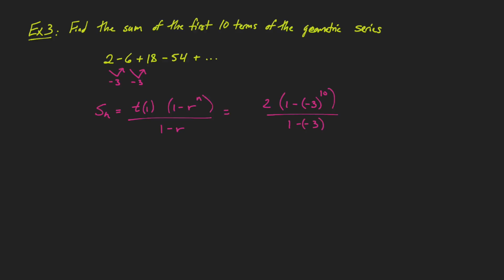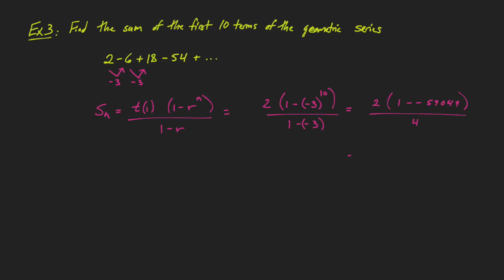And if we solve this out, negative 3 raised to the 10th is going to be 2 multiplied by 1 minus 59,049. So 59,049 over, in this case, 4.